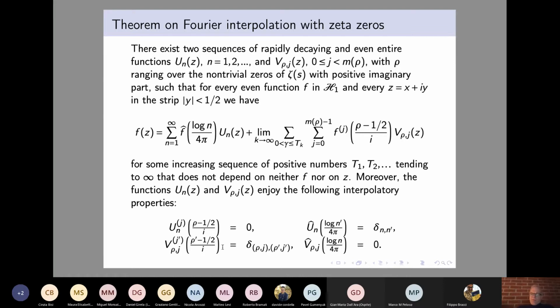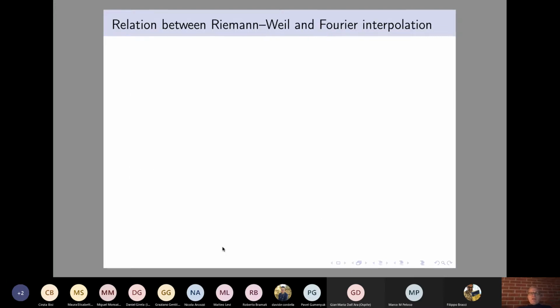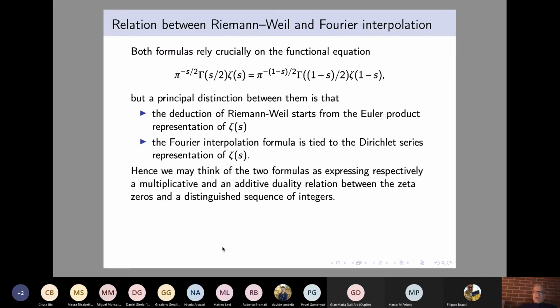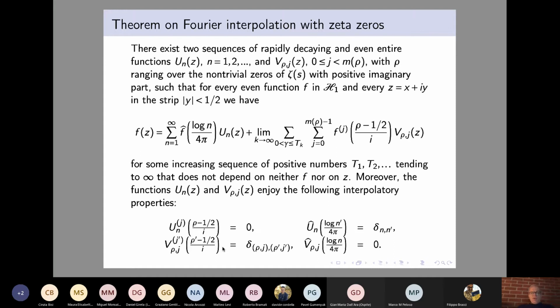Before I say more about the theorem, I would like to make a relation between Riemann-Weil and this kind of result, which I will refer to as Fourier interpolation.